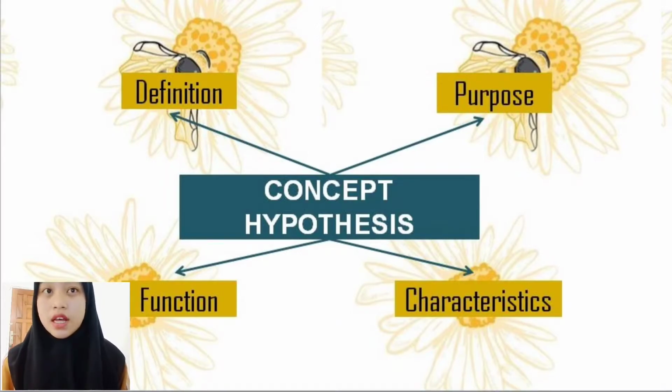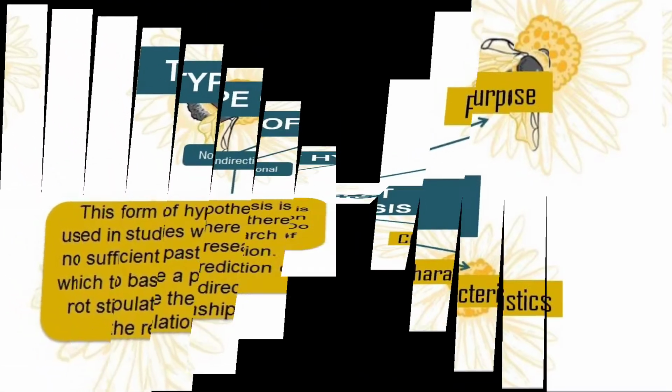And the last is that a hypothesis should be related to a body of theory or some theoretical orientation. A hypothesis, if tested, helps to qualify, support, correct, or refute an existing theory only if it is related to some theory or has some theoretical orientation.